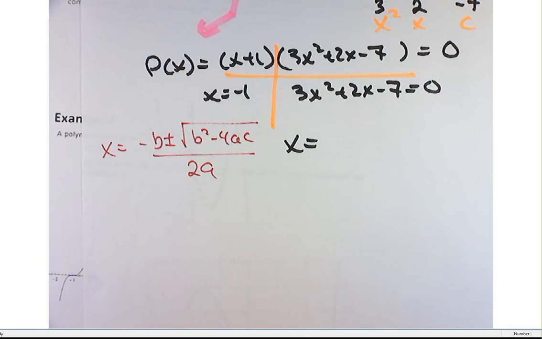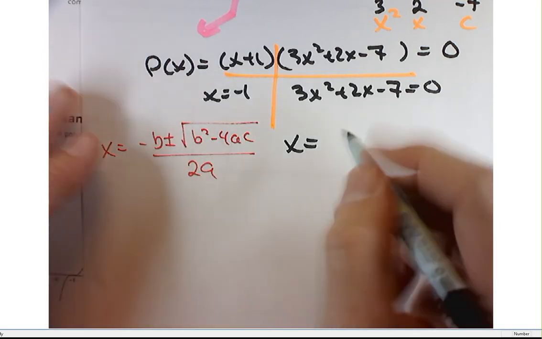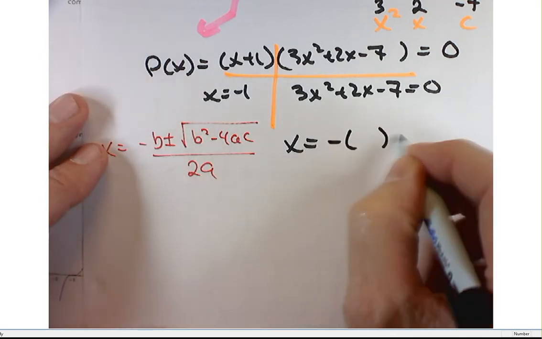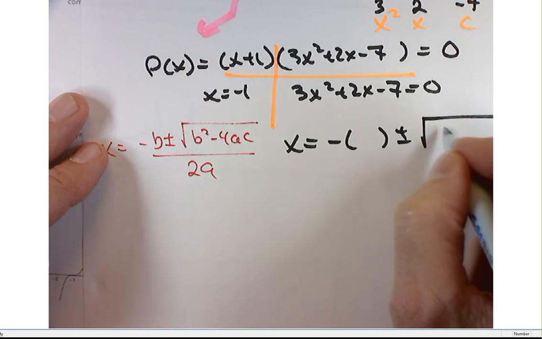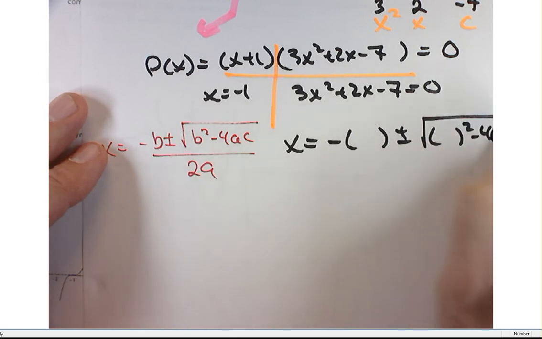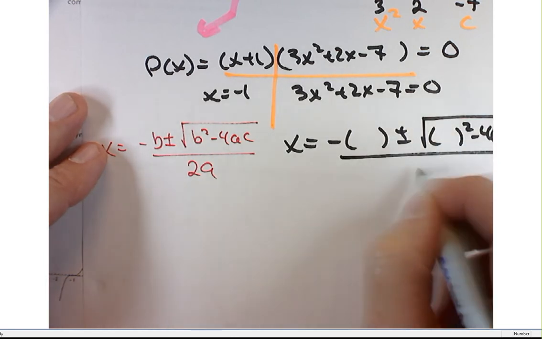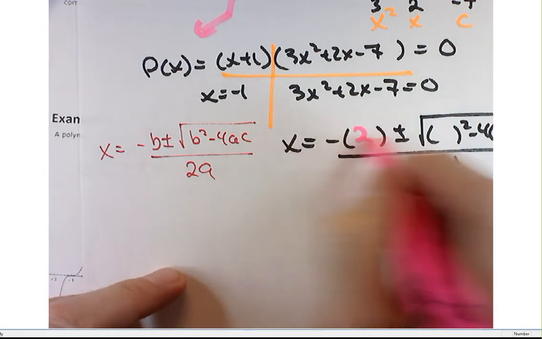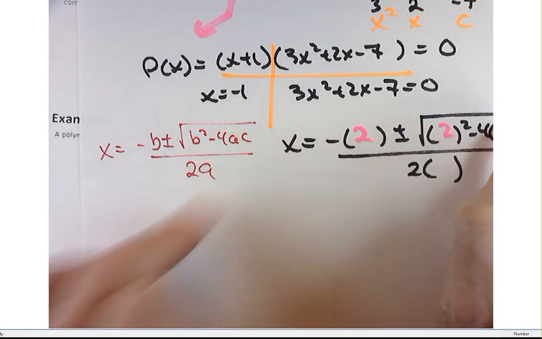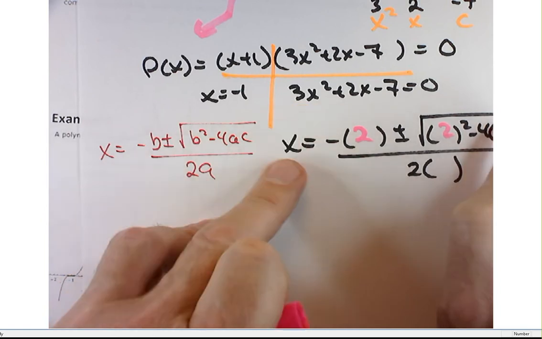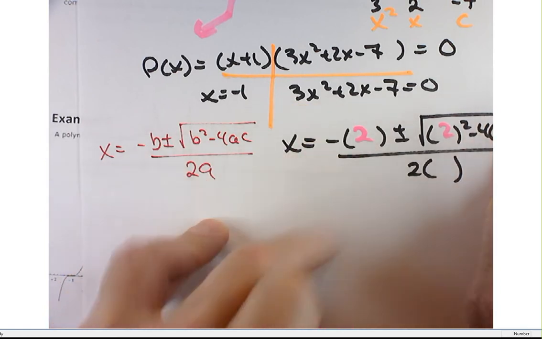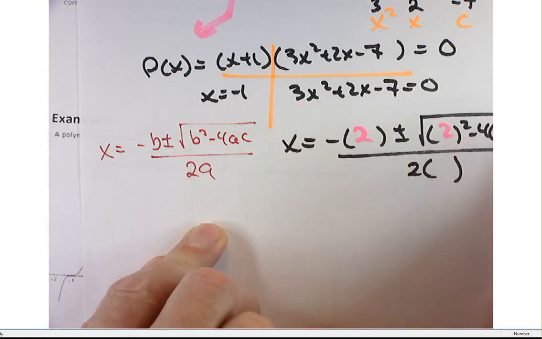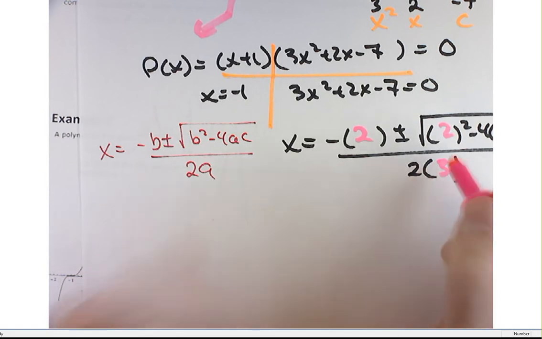So, in any case, let me fill in the quadratic formula here for us. So that's going to be negative of 2 plus or minus the square root of 2 squared minus 4 times a, which is 3, times c, which is negative 7, over 2 times 3.